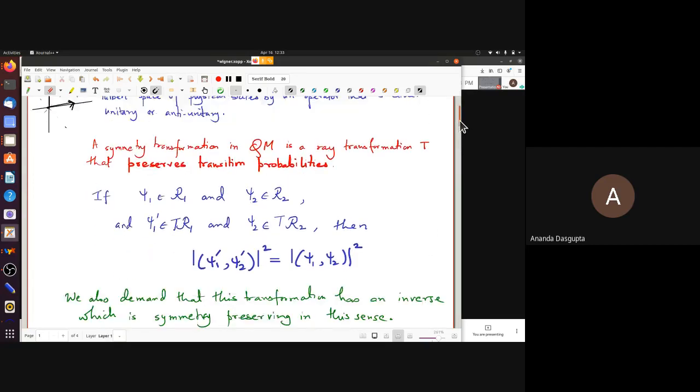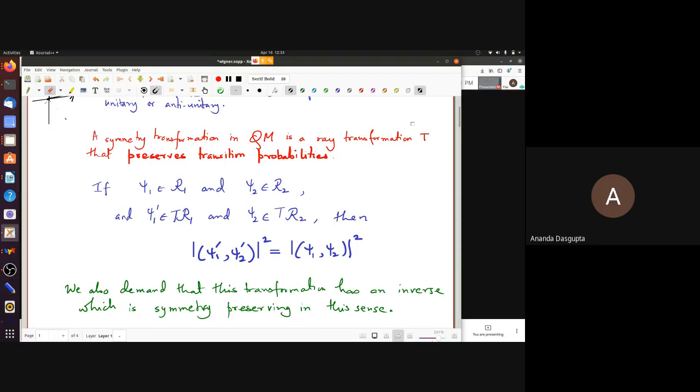Whatever vectors you choose from the rays, psi1 prime from TR1 and psi2 prime from TR2, then the inner product of psi1 prime and psi2 prime, when you take the mod square of that, must be equal to the mod square of the inner product of psi1 and psi2. Okay, so that is important, at least if you have chosen normalized states to begin with. That is the definition of T, a symmetry transformation, which really is a transformation between rays.